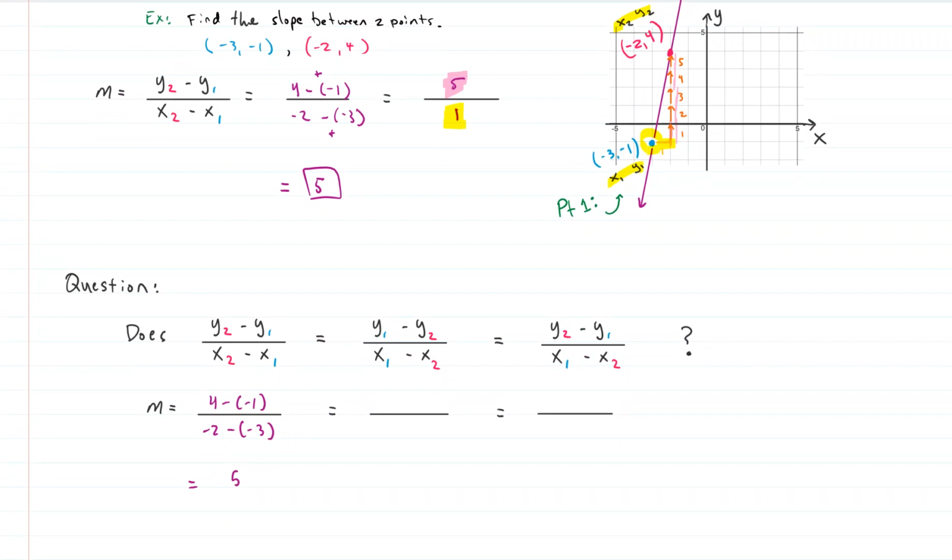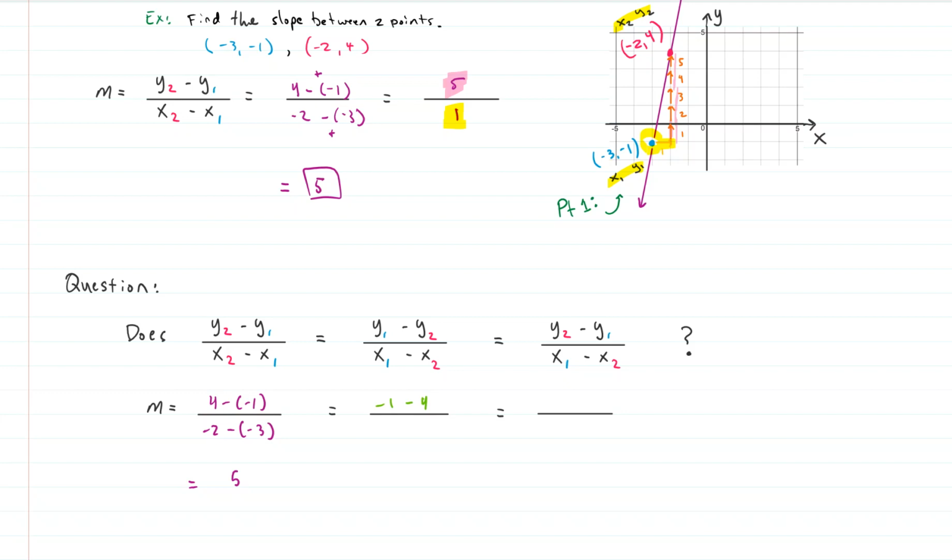Let's do the 1's first and see what we get. y1 is the blue. So that gives us -1 minus 4, the red.